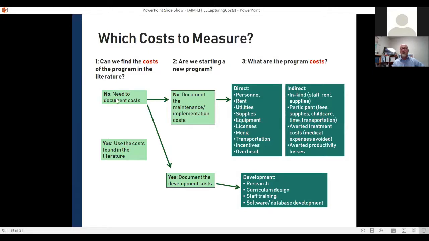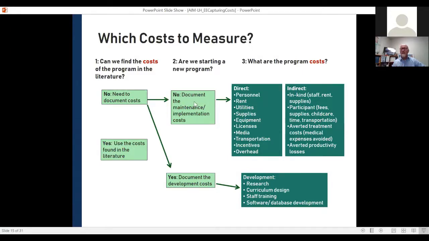But if we can't find it in the literature, then we need to figure out, are we starting a new program, or is this a well-established program? If it's a new program, we'll have higher costs because we'd have to also document the development costs, the research and development, the more intensive evaluation that goes into it, as well as staff costs, and maybe even some software development to help us track outcomes or the implementation of the project.